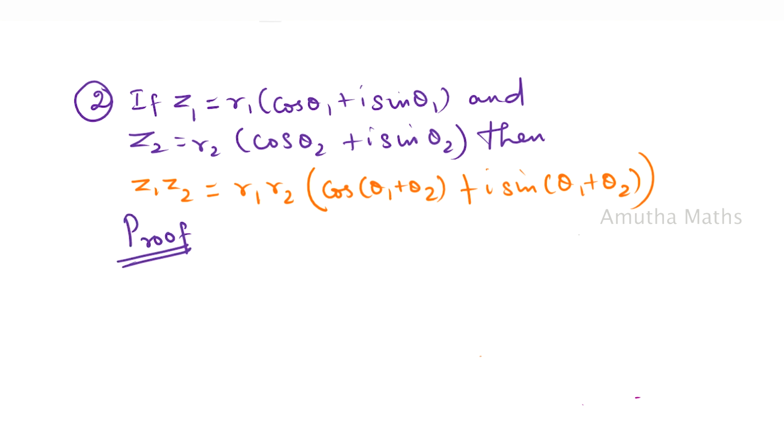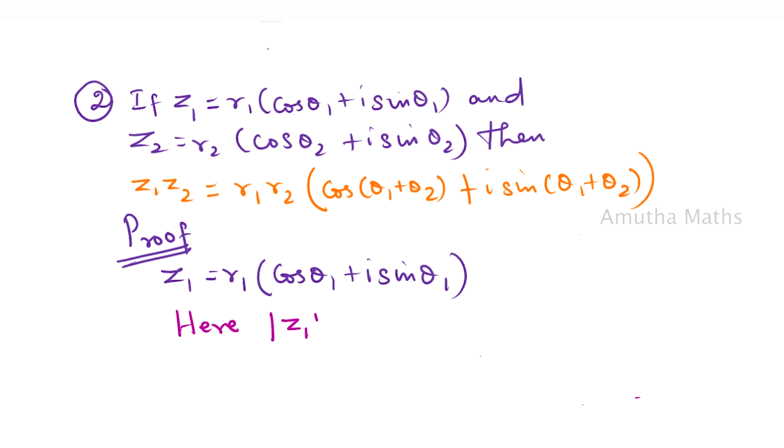Okay. So given that Z1 is equal to R1 into cos theta 1 plus I sin theta 1. So what is R1?